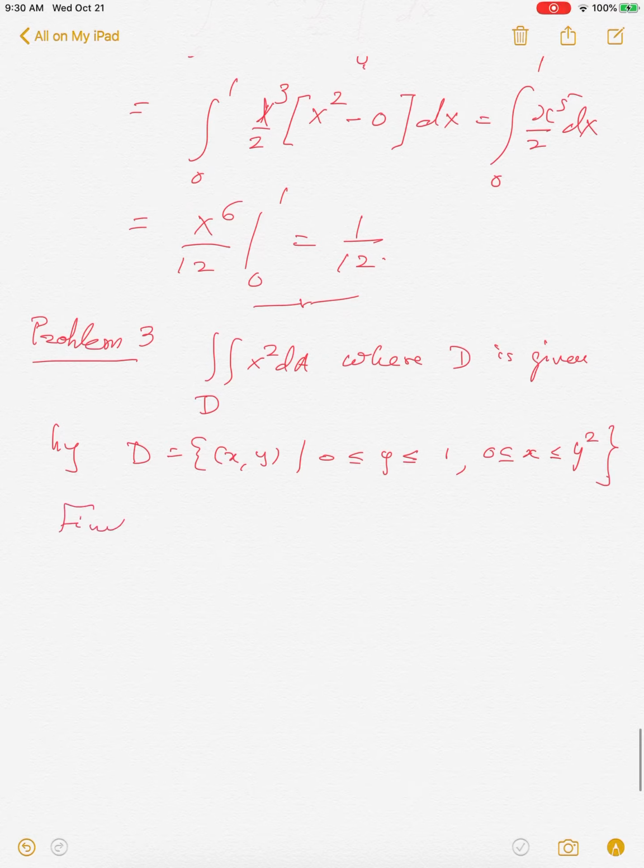So you first draw the picture. So first sketch the picture of D.